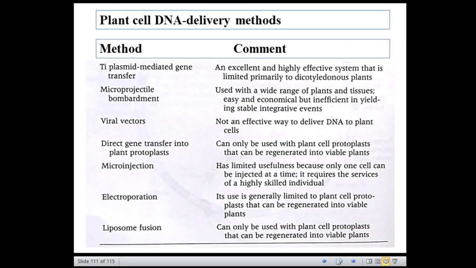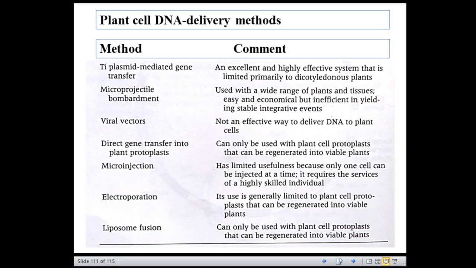Most of the methods mentioned in the table depend on the formation of protoplasts. Now the plant protoplasts can be maintained in culture as independently growing cells or in a specific culture medium. And later the cell wall can be formed and the whole plants can be regenerated from these cells.